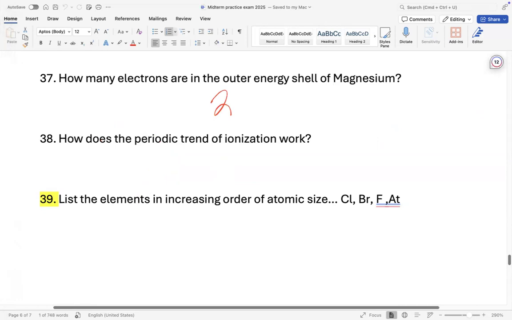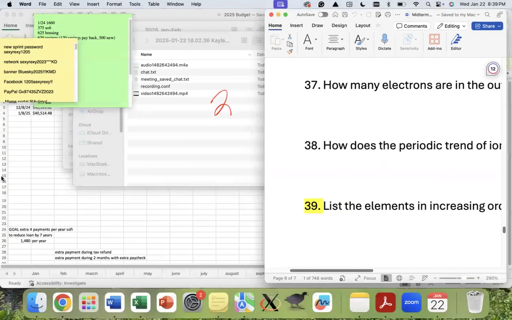All right, so we have how does the periodic trend of ionization and atomic size work. So these are two of our periodic trends that when we get our periodic table for the exam, I want us to write valence electron, simple ion, and then we're going to also draw arrows for these two periodic trends.